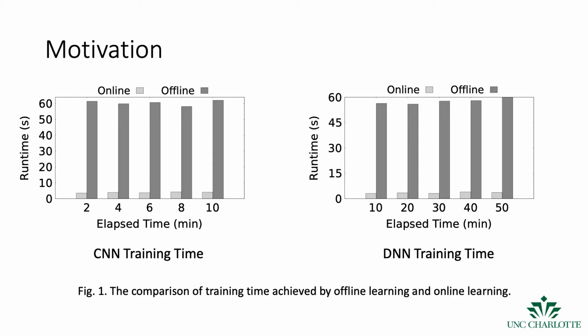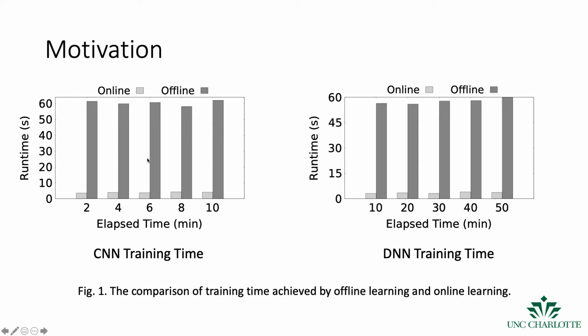So we did a case study on offline and online learning with 2 classic applications, convolutional neural network, CNN, and deep neural network, DNN. So in this figure, we compare the training time of online learning and offline learning.